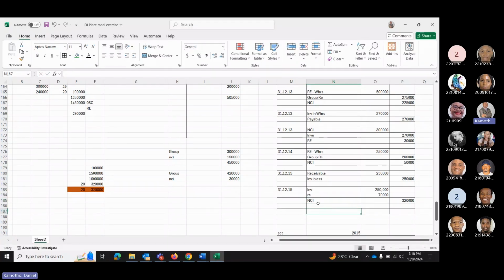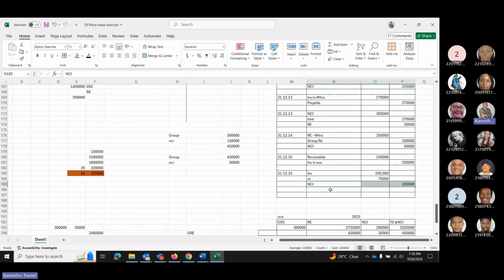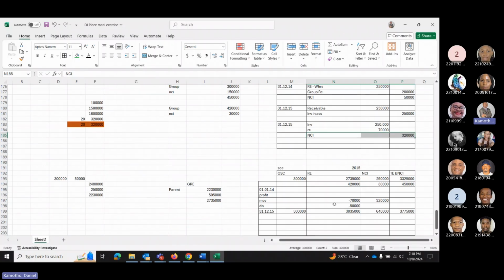So we say NCI is gaining net asset of 20% asset, but they are only paying 250, and therefore we recognize the loss in the group. So if this had happened in the prior year, because we wouldn't have shown it here, you would have shown it in the brought forward.